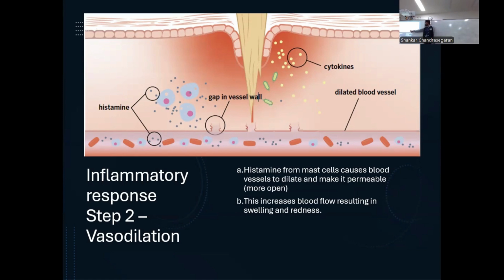Basically, blood vessels can dilate or constrict, allowing them to let more blood come out or stay in. When these mast cells release histamine, they trigger the blood vessel to vasodilate, basically expand more, allowing there to be more pores for the blood to flow out.